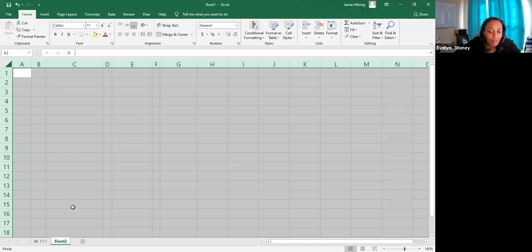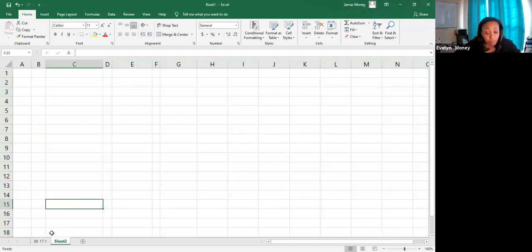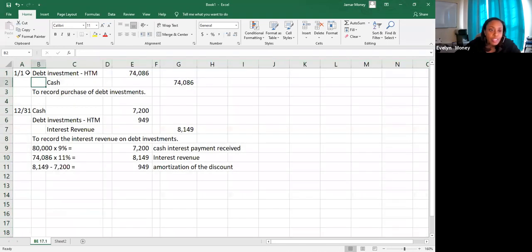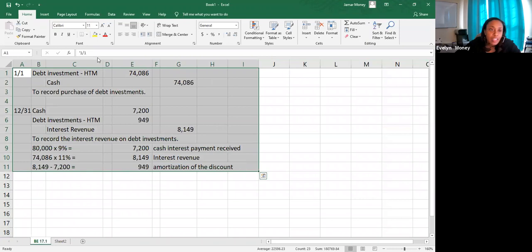So when looking at an available for sale security, the entries are generally the same. So what you see here for held to maturity, we're going to do the same thing. The only thing I need to do is add an additional entry to write this up to the fair value. Or I may have to write it down. We'll see.